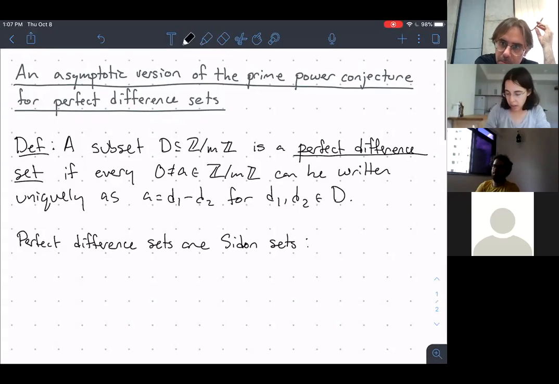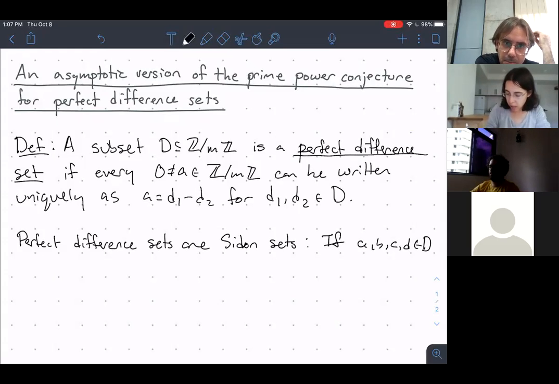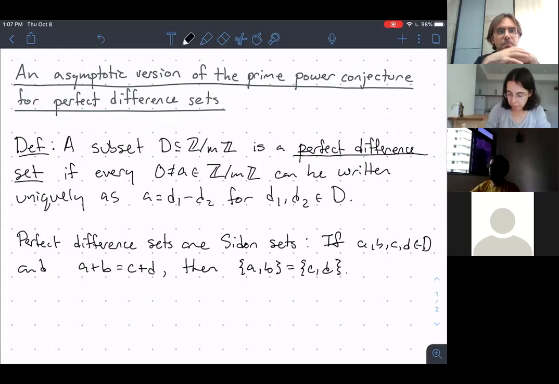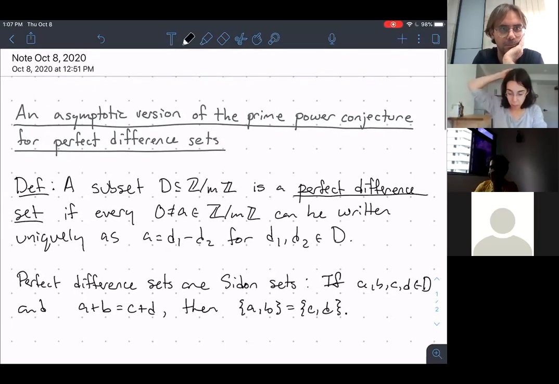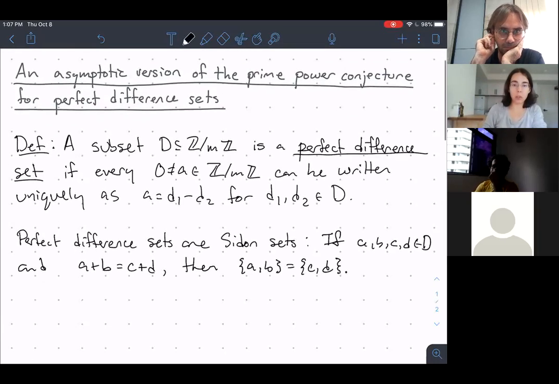That means that if a, b, c, and d are elements of D, and a plus b equals c plus d, then a and b have to be the same as c and d. And we care a lot about how large Sidon sets can be and what they look like. In particular, we care about, when do these perfect difference sets exist?